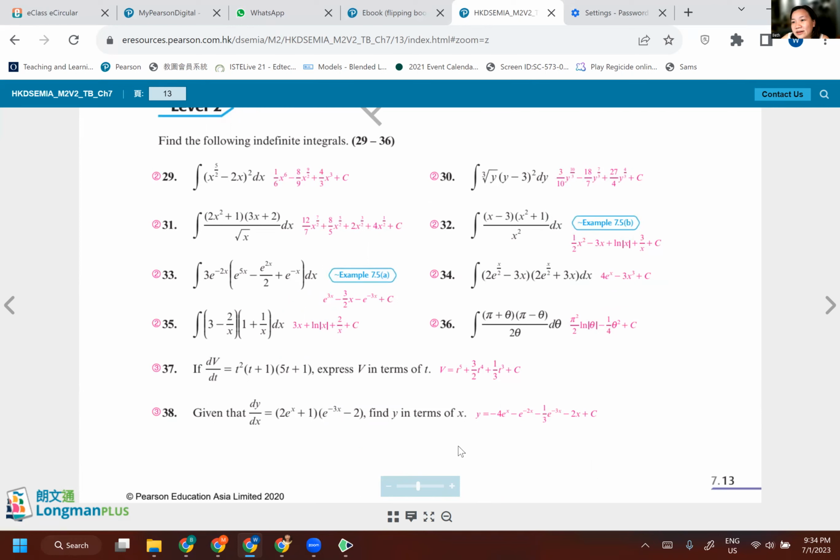Now 37, 38. This is what you should have done: at least be able to solve these using the formulas we introduced, A, B, C, D, E. If you learn this, then the world should recognize that you know how to integrate.